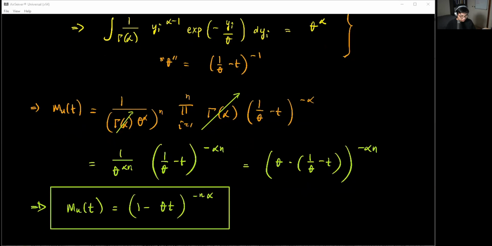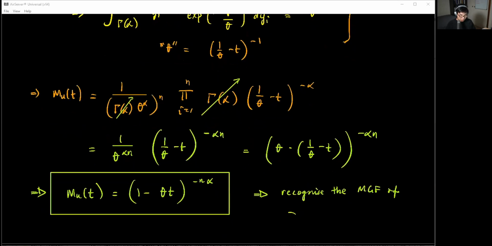You can recognize here the moment generating function of a gamma distribution.